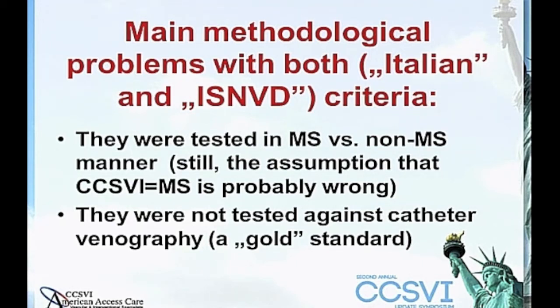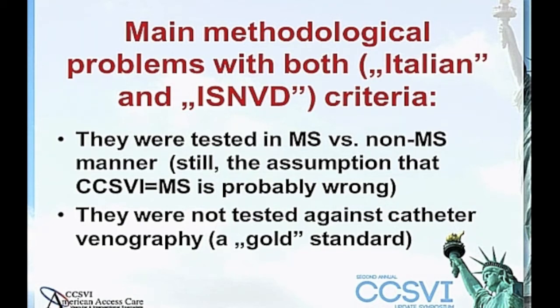So if you look at the majority of the studies, they tested multiple sclerosis patients against non-MS patients, and the difference between the two groups is calculated. But most likely this assumption that CCSVI is MS is wrong. So I think that this approach is not correct.